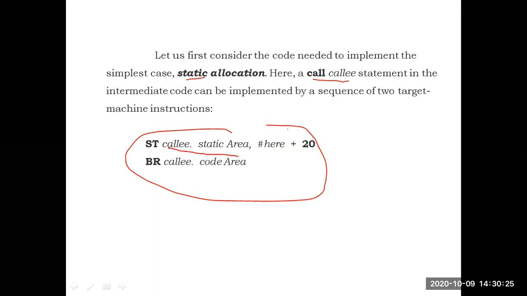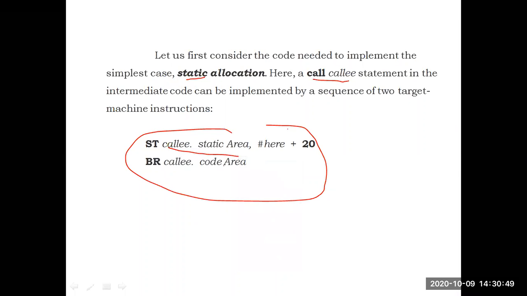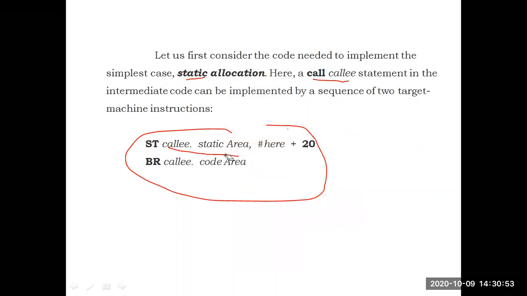What does callee.static area indicate? The store instruction will store the return address in the first location of the activation record. How will it know the first location of the activation record? That information is given by callee.static area.